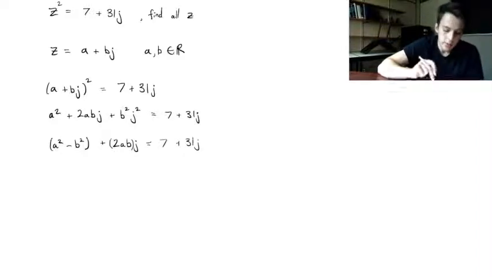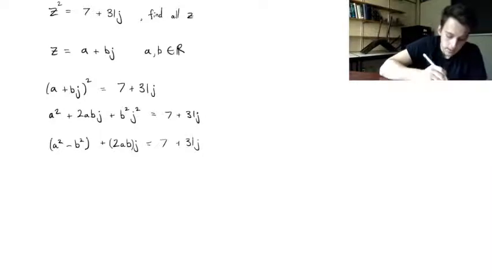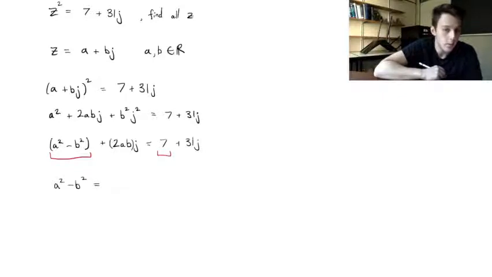So, as we were saying earlier, we have two unknowns, a and b, which we'd like to solve for. So we need two equations, okay? So we can equate our real parts. The real part of the left-hand side is a squared minus b squared. And that must be equal to the real part of the right-hand side, which is just 7.